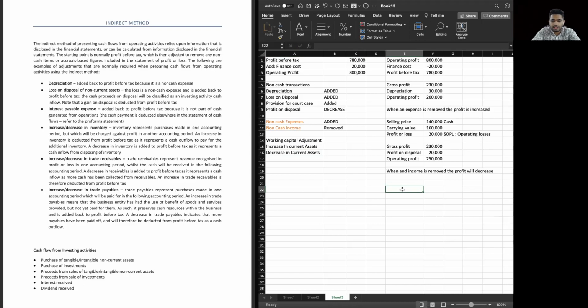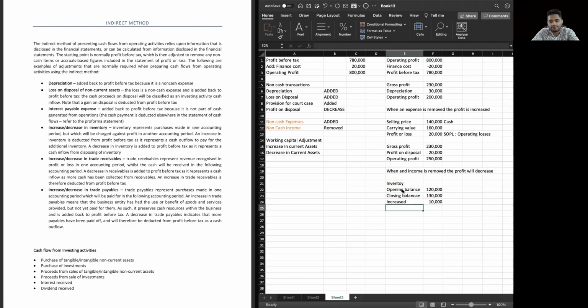Now, when you look at your current assets, for example, if I look at inventory, if my opening balance of inventory is 120,000 and my closing balance of inventory is going to be 130,000, that means my inventory has increased by 10,000.